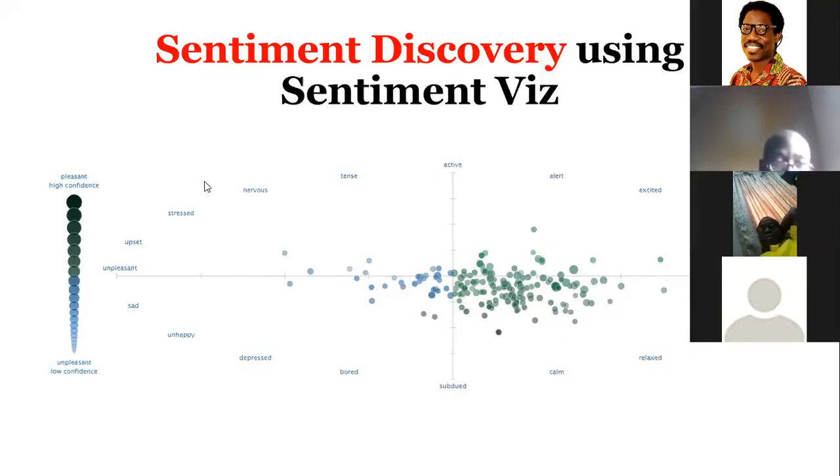So if you look at this here now, the tweets are more towards the right side. Now, the pleasant, high confidence, unpleasant, low confidence in that particular issue. So we have 170 tweets to analyze within the period that I put my keywords there.